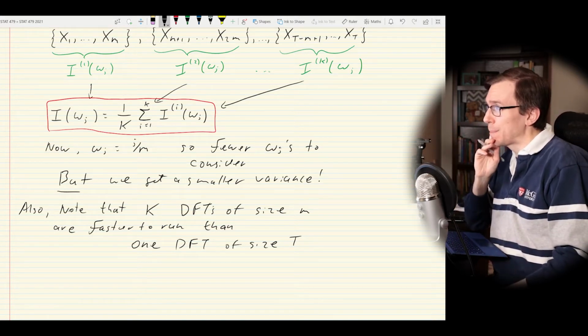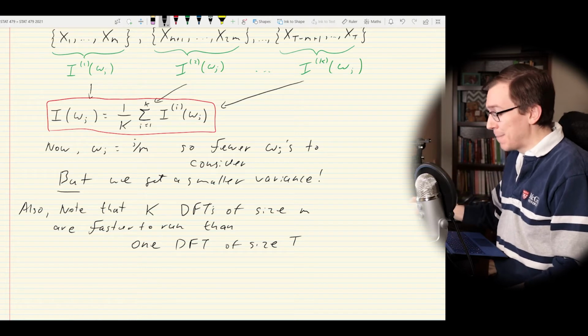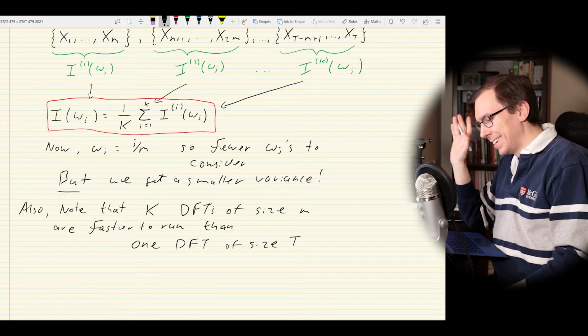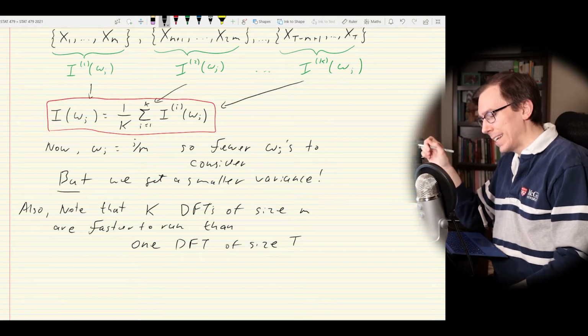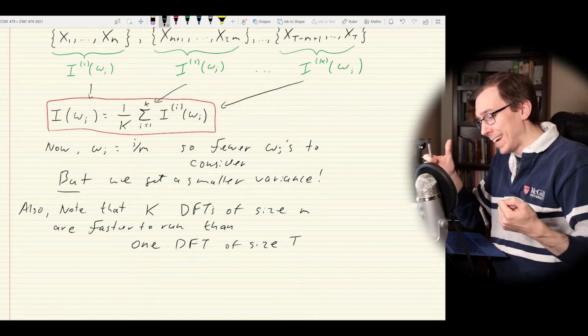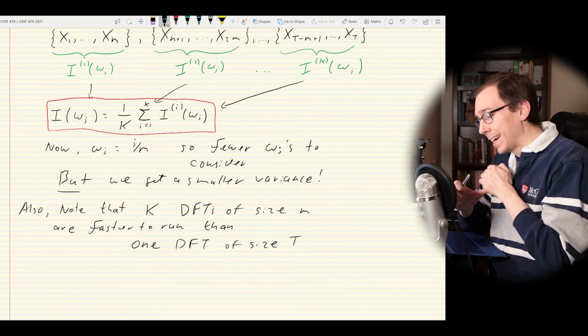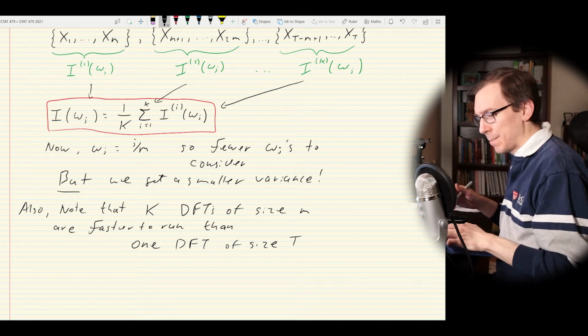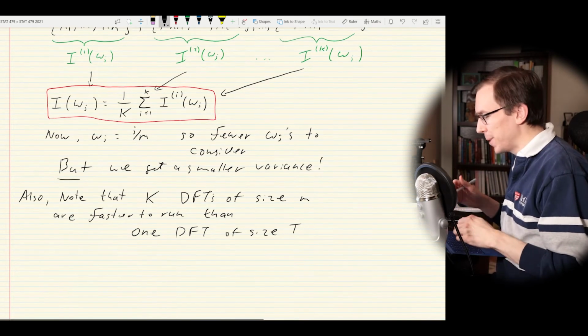So you probably could parallelize that algorithm. I'm not sure about other DFT methods, but anyway, that's a tangent. It's still worth noting that not only does it have a lower variance, but this way of approaching it will also compute faster for very large time series data. So 2 big wins for Bartlett.